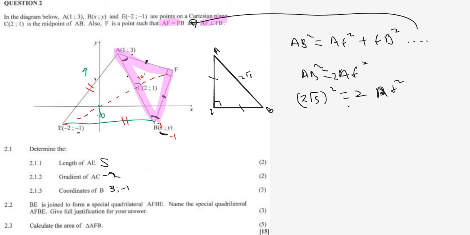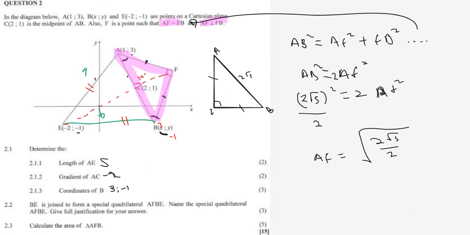Then we are going to divide by 2. And because of this square, our AF is going to equal 2 root 5 divided by 2, and because of that power of 2, we are going to put all that under a root.